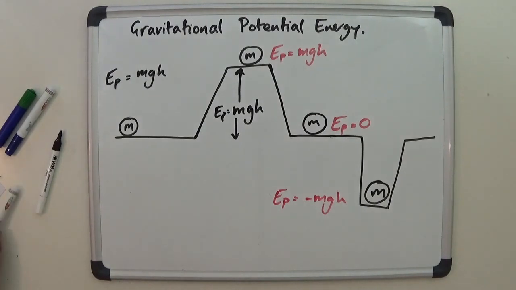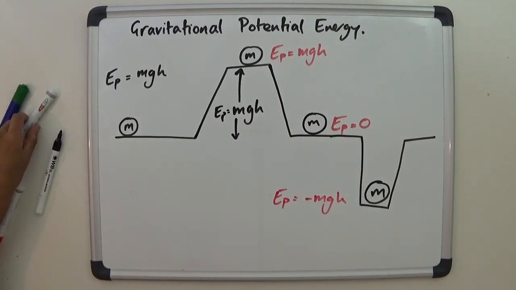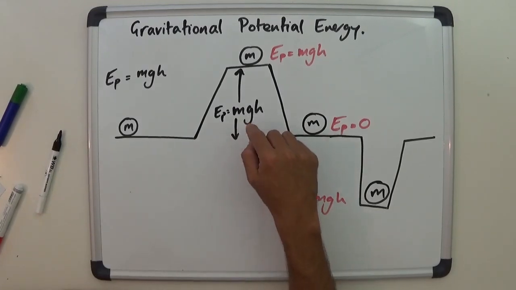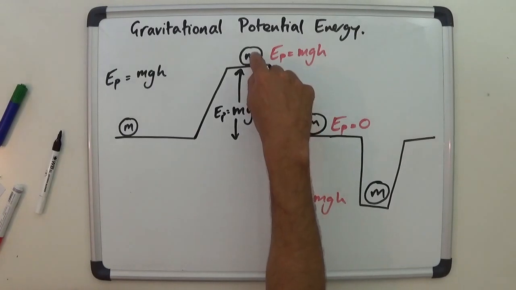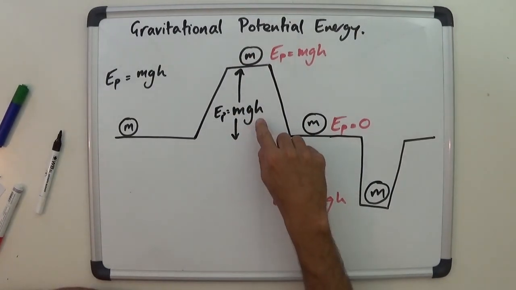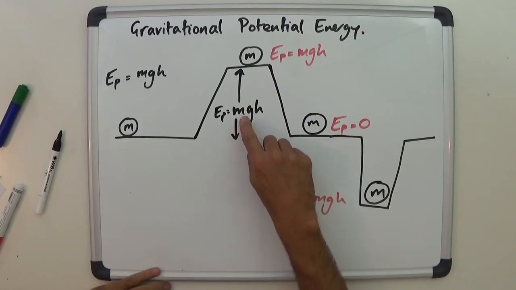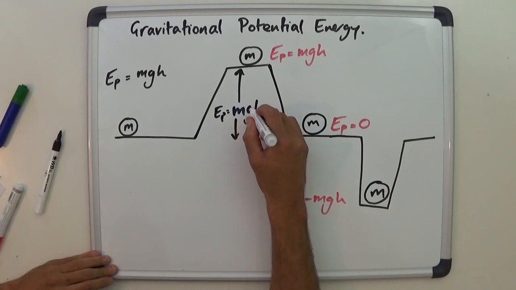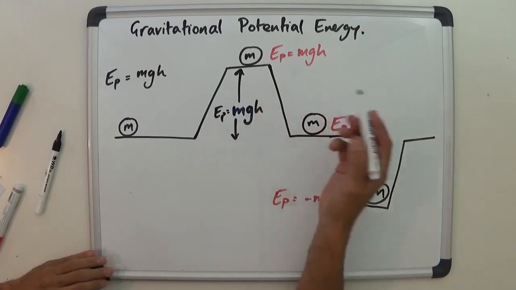Now, to explain this negative a bit more clearly, we need to really think about what's going on. What we're doing to give this object potential energy as it goes up? Well, essentially we're moving against a force. Gravity, mg, is a vector, it's a force, and it's acting downwards.